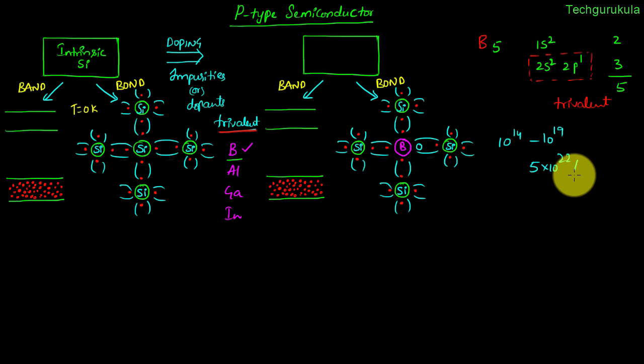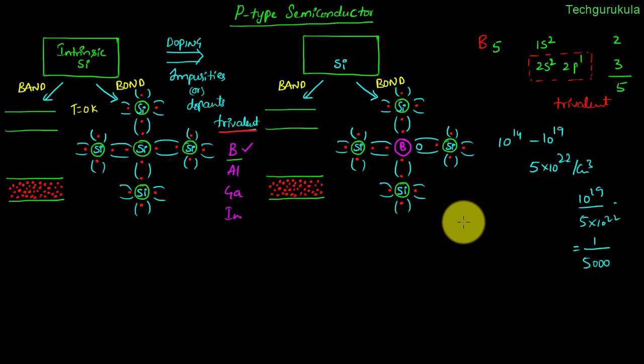Even with the high doping we are talking about, which is 10 power 19 over 5 times 10 power 22, we are pretty much adding just one impurity in 5,000 silicon atoms, which means for every 5,000 silicon atoms we are adding one impurity. The addition of these impurities is not going to change the basic structure of silicon, so it will still be silicon in terms of structure, but its electrical properties will be changed.